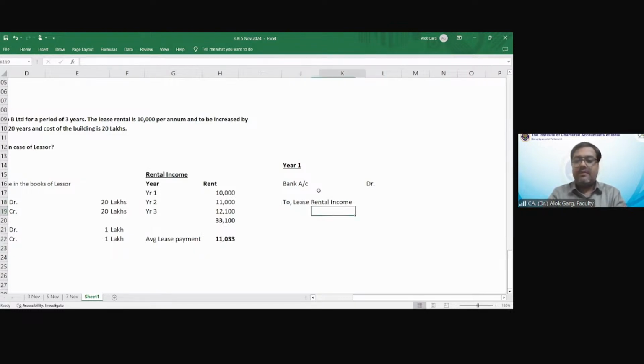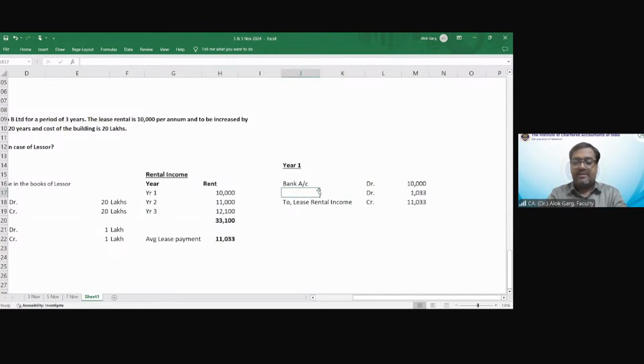How much is the bank debit? 10,000. How much is lease rental income to be credited, to be accrued in the books of the lessor? 11,033. The actual amount received is 10,000, but the income accrued is 11,033. So where will the differential go? Lease equalization.